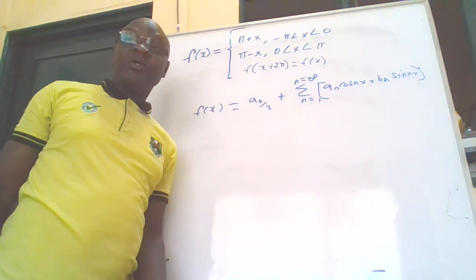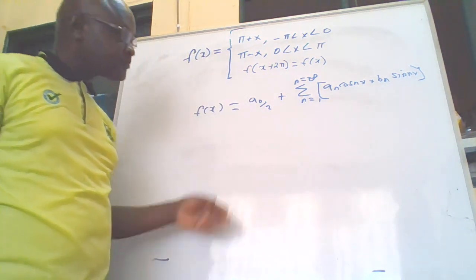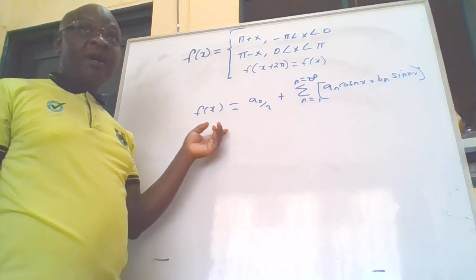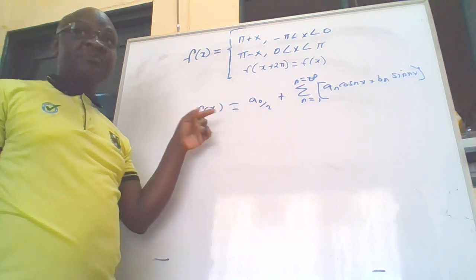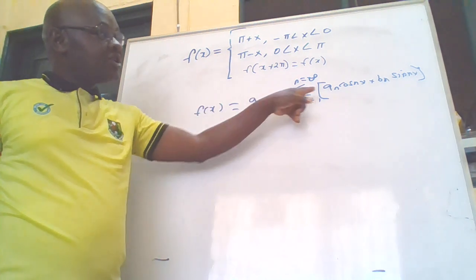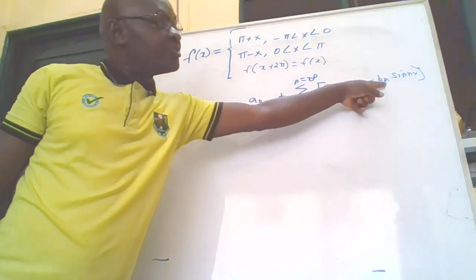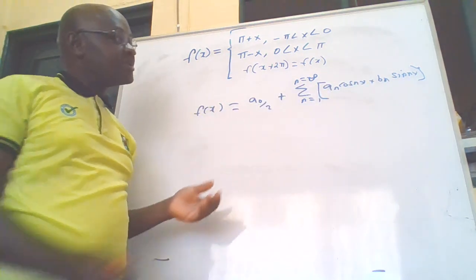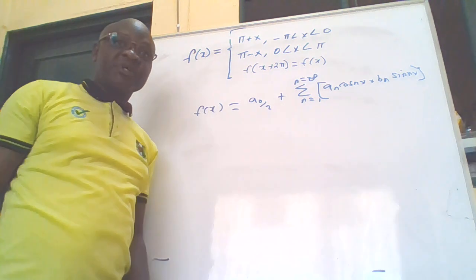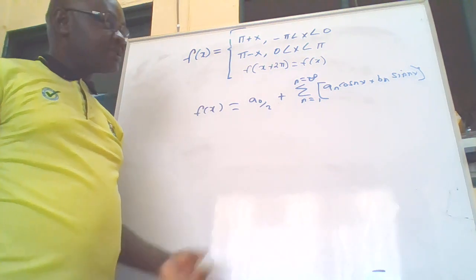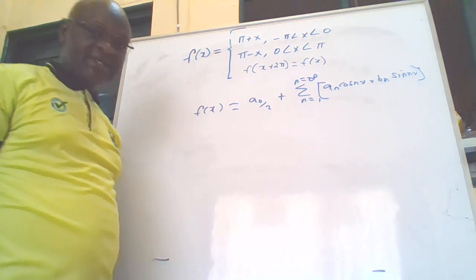So this is what we are calling the Fourier series. Now, from the given information, we are required to get a naught, a n, and then b n. Once we get them, we insert them in this expression, and we will have obtained the Fourier series.